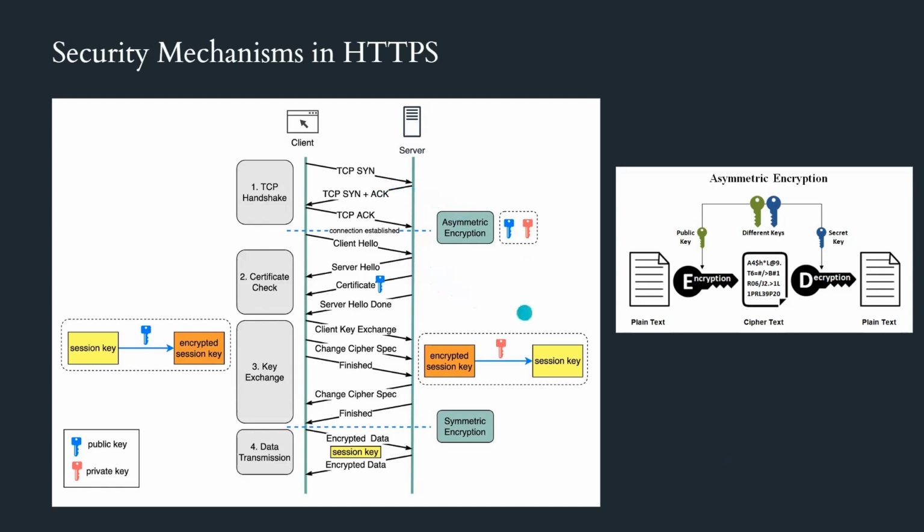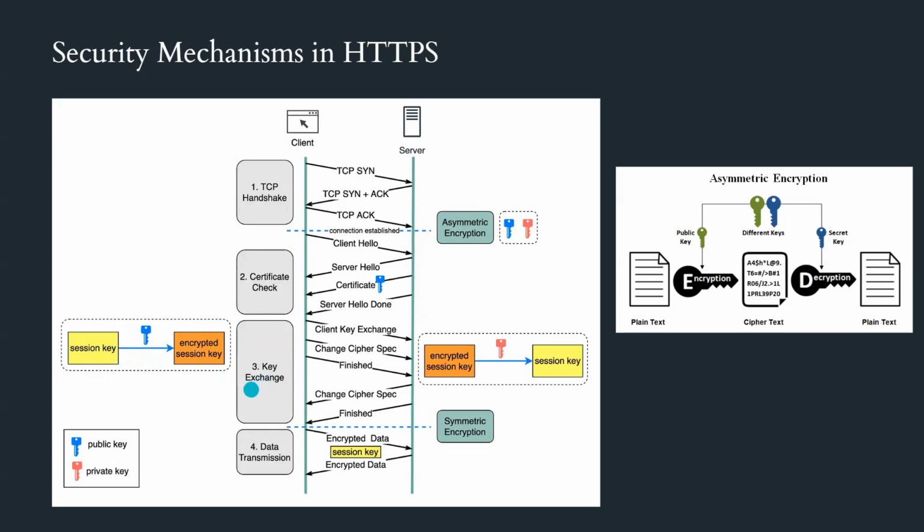Once the connection is established, key sharing will be done. The public key will first be shared with the client, right? The client will check the public key and create a key called the session key, and the client will encrypt the session key using the public key that was shared by the server.